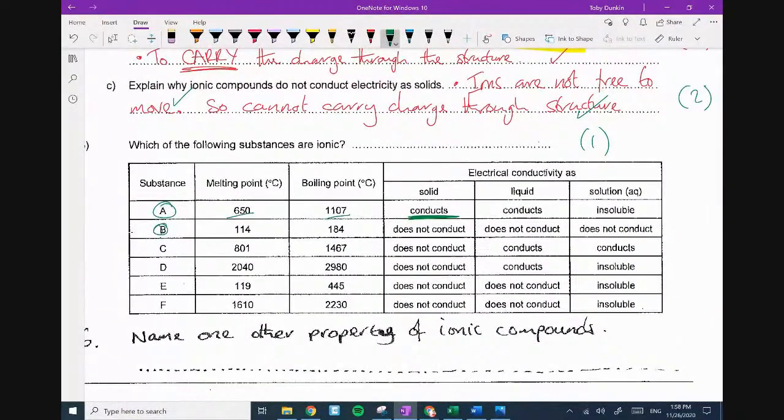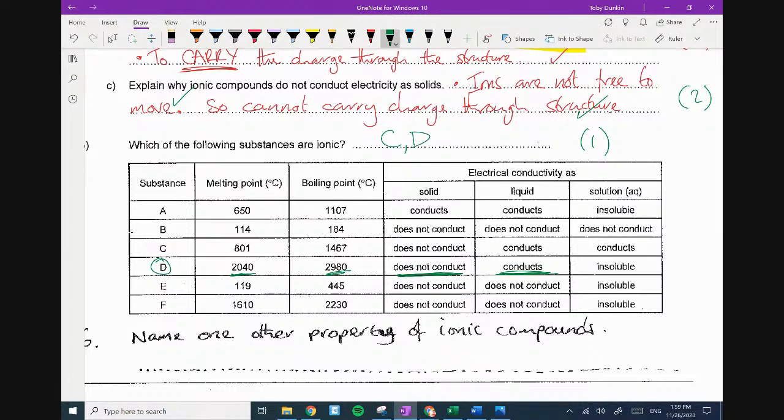Okay, next, B. Not high enough, really. No, not high enough. Does not, never conduct, so it's definitely not ionic. Nope. C, high melting point. 801, I recognize that. Sodium chloride. Doesn't conduct when solid. Yes and yes, so C is one of them. Any more? Let's check. D, high melting point, high boiling point, could be ionic. Does not conduct when solid, but does when liquid.